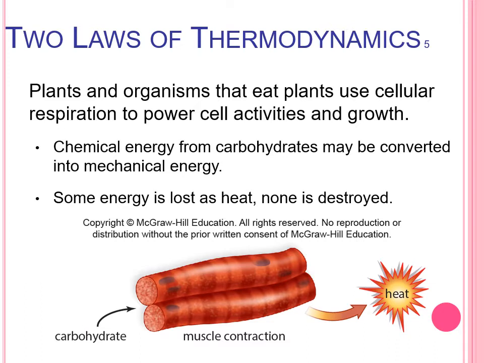Here's the opposite example of our laws of thermodynamics. Here we have an animal cell. Most likely, this is a muscle cell. Humans and animals are able to eat food from their environment, whether that's plant food or another animal source, and they're going to be able to take that food source.